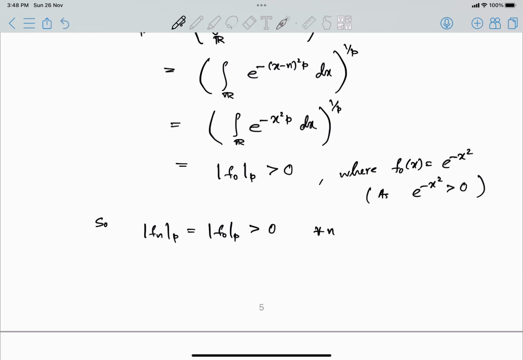So can this converge to the 0 function, when it is always strictly bigger than 0 for all n? Therefore ‖f_n‖_p does not converge to 0. It converges pointwise but does not converge in this sense.